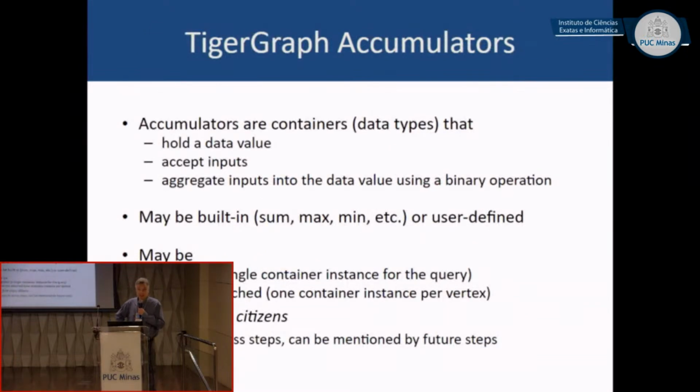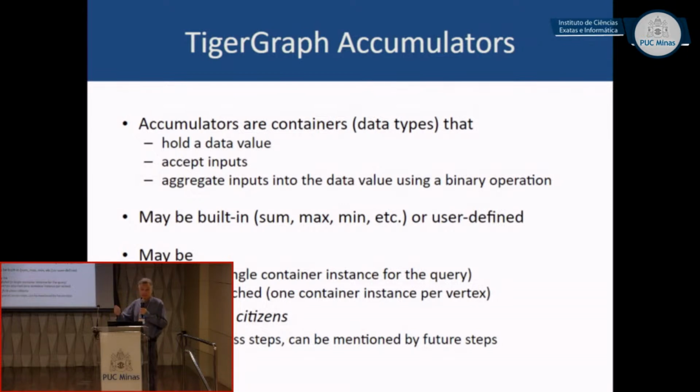What's interesting technically here is how the results of the mapped functions are aggregated. And they are aggregated into something called an accumulator. Think of it as a container that holds some data value. It accepts inputs, and it aggregates these inputs into the data value using a binary operation that is attached to the accumulator.